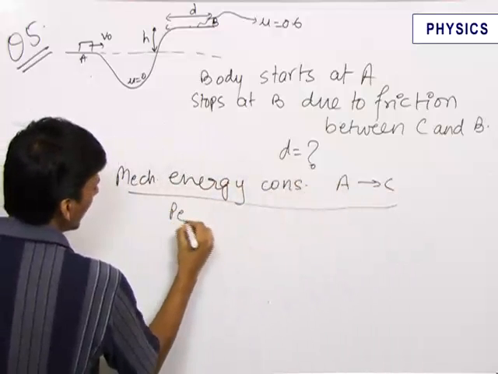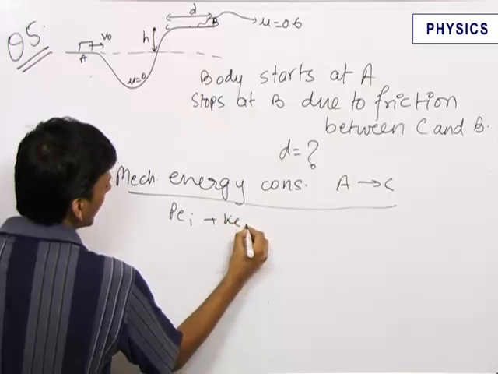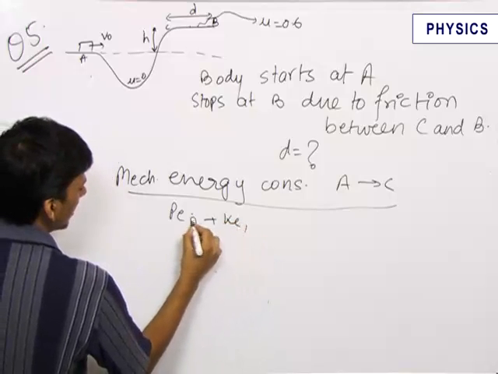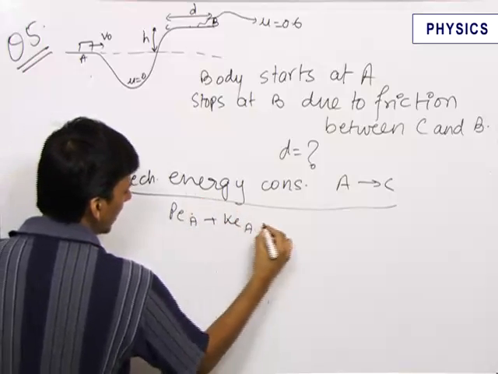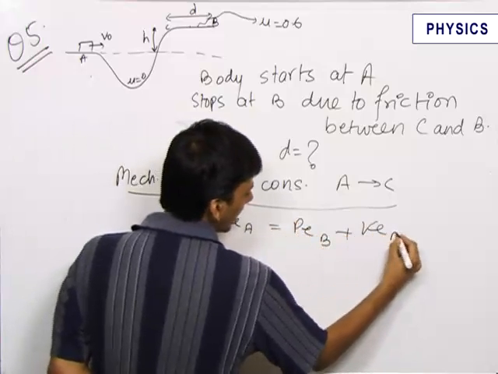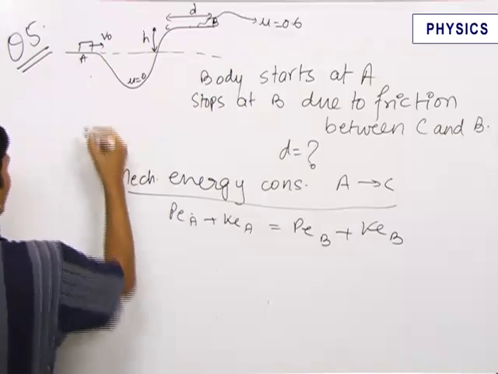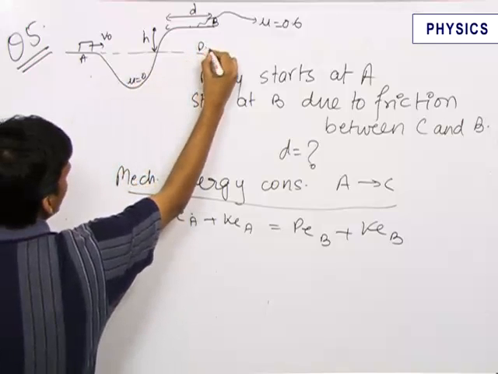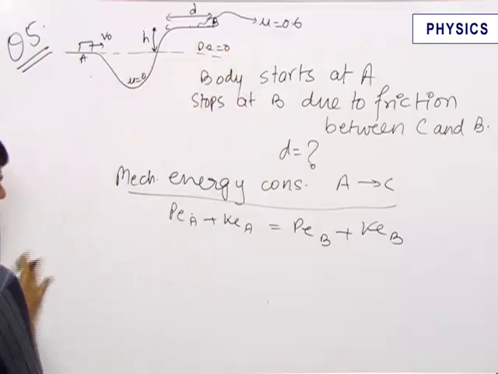Therefore, we get potential energy initial plus kinetic energy initial. Let me call this potential energy at A plus kinetic energy at A is equal to potential energy at C plus kinetic energy at C. Let me take gravitational potential energy equal to 0 at this level for simplicity.